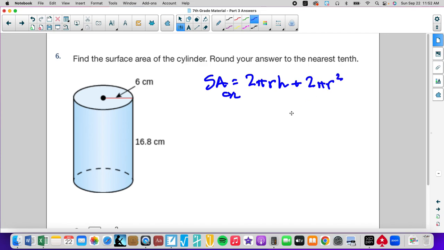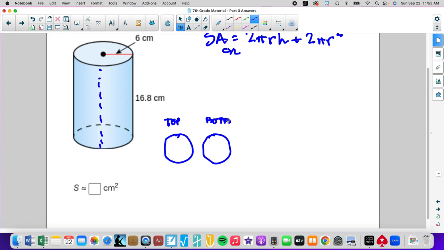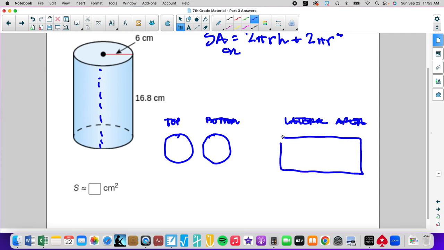This is logical: if we slice off the top and slice off the bottom, you have a circle and a circle, this is your top, this is your bottom, and then your lateral area, if you slice this and unwrap it, is actually a rectangle.